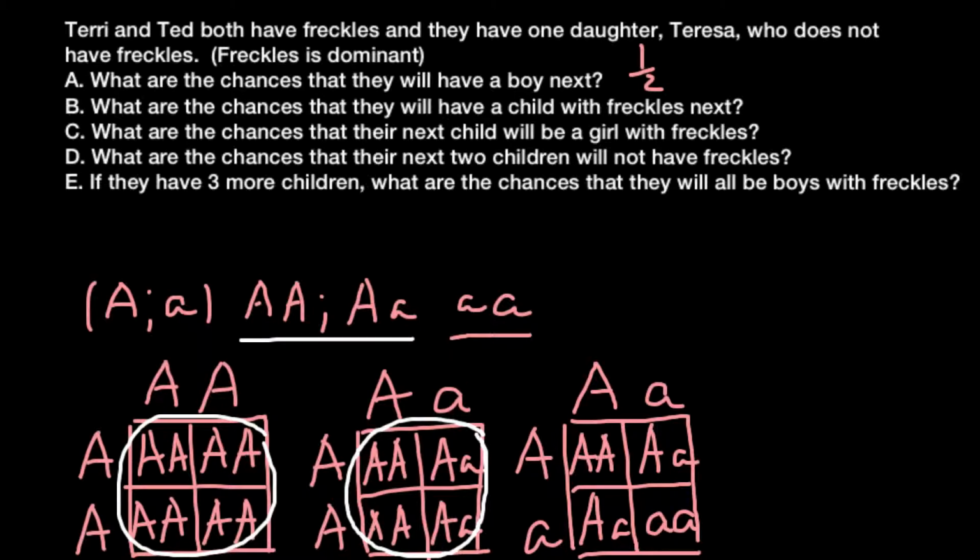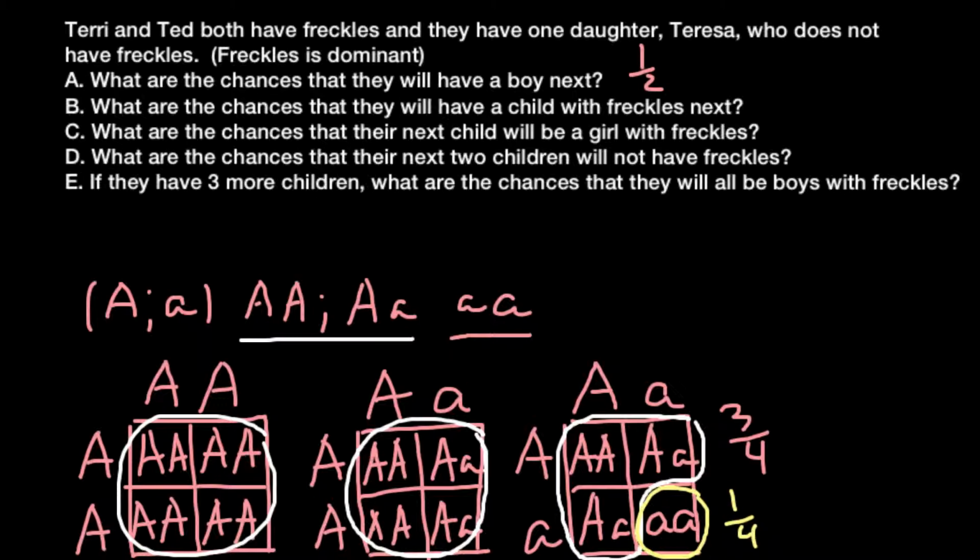As you see, 3/4 would have freckles, but 1/4 would not have freckles. Now we know that two parents phenotypically with freckles may produce progeny without freckles. And we know the probability for both outcomes, for the progeny with freckles and without freckles.